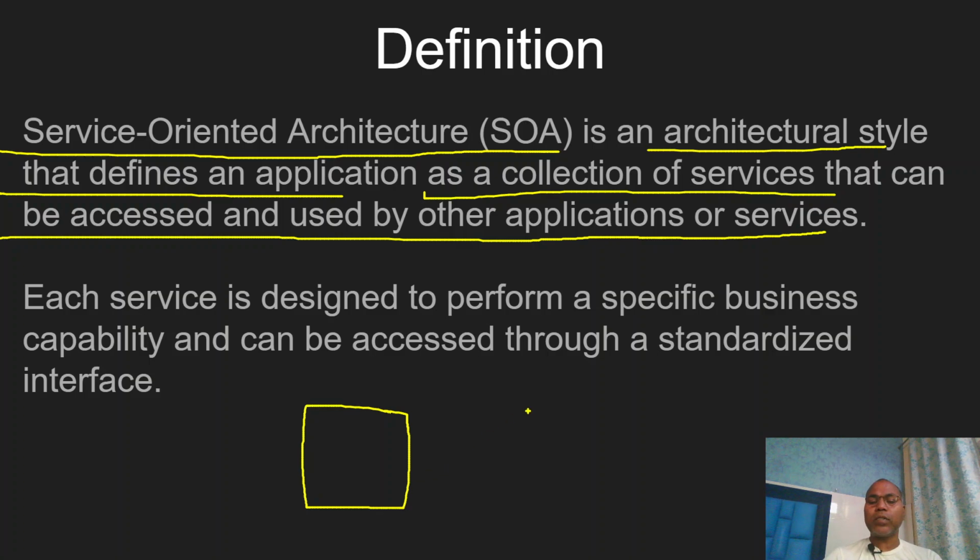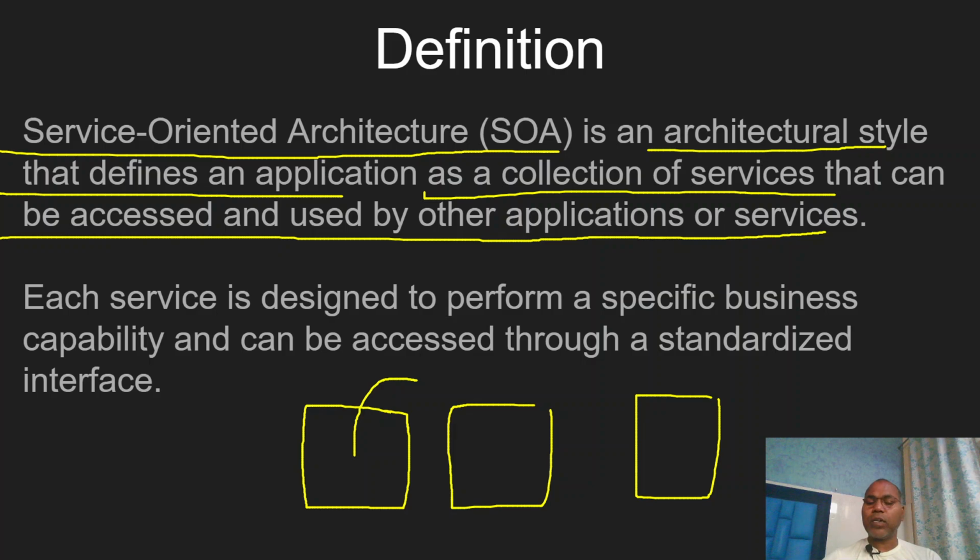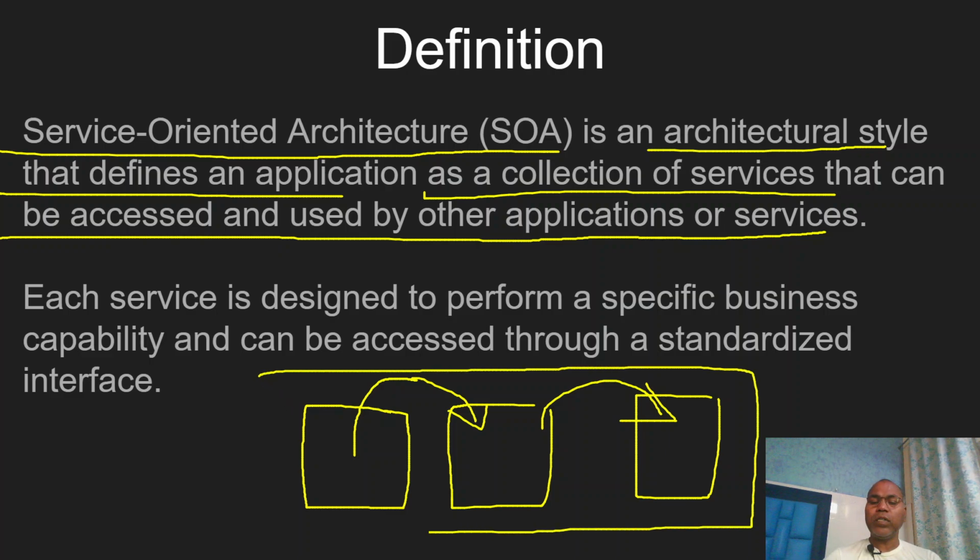Let's build separate services on the basis of customer function, and these services meet the complete use case of the customer through communication with other services. So all the services communicate with each other.